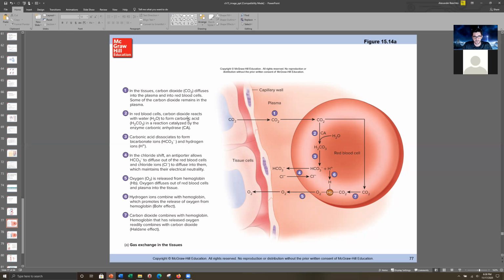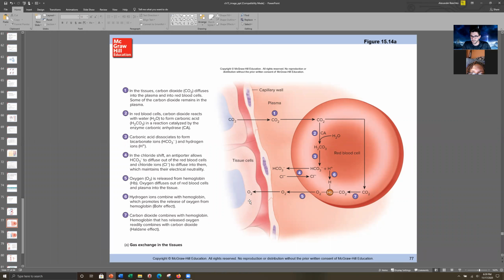In red blood cells, carbon dioxide reacts with water to form carbonic acid in a reaction catalyzed by the enzyme carbonic anhydrase. Carbonic acid dissociates to form bicarbonate and hydrogen. And the chloride shift antiporter allows bicarbonate to diffuse out of the red blood cells and chloride ions to diffuse into them, which maintains their electrical neutrality. So again, maintaining that pH balance is important here.